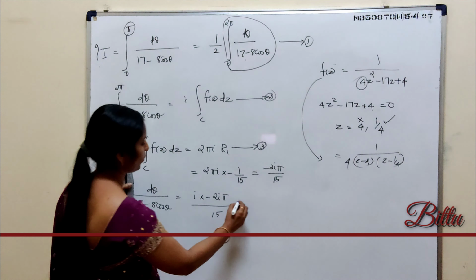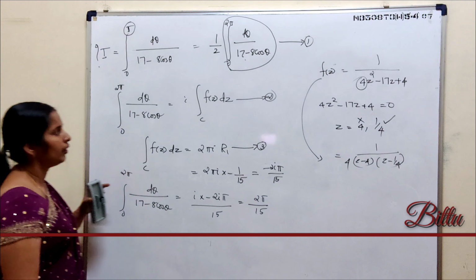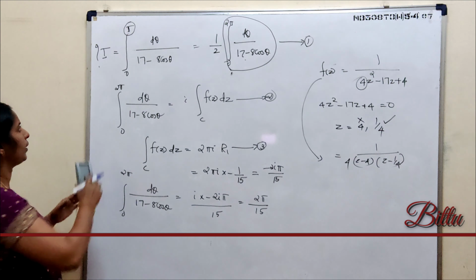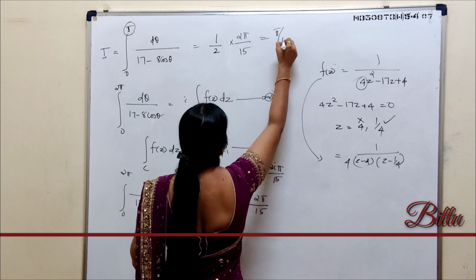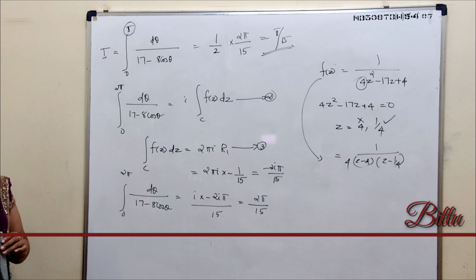I square is minus 1, so the numerator will become 2 pi by 15. Next you put it in equation number 1. In equation number 1, you put its value. Its value is 2 pi by 15. That is pi by 15. So the answer of the given integral is pi by 15.